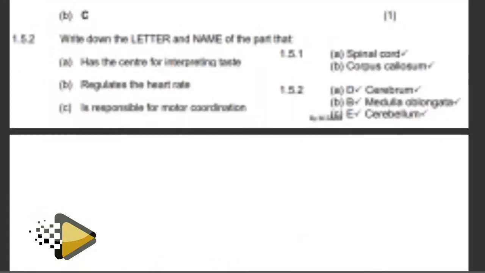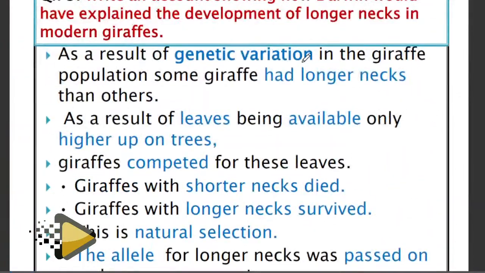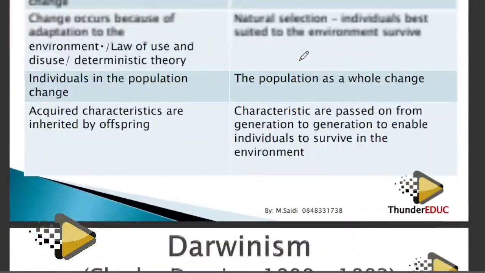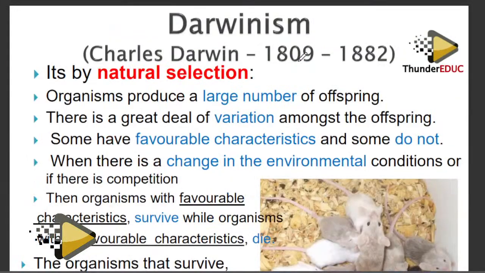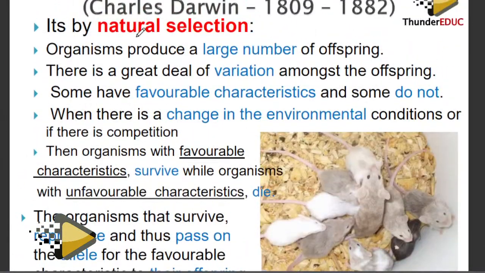Natural selection: organisms produce a large number of offspring. There is a great deal of variation. Some have favorable characteristics and some do not.